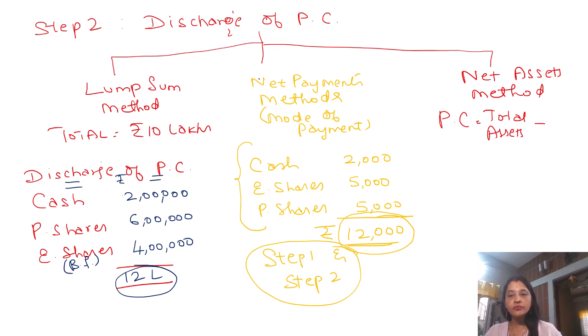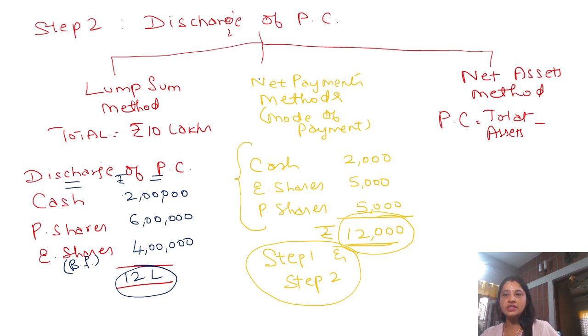Fictitious assets meaning profit and loss account debit balance, issue of shares discount, discount on issue of debentures, preliminary expenses. All these are the past accumulated losses which you have to write off over the period of time. So those fictitious assets will not be taken for calculating the total purchase consideration.